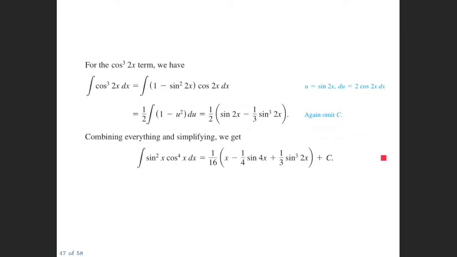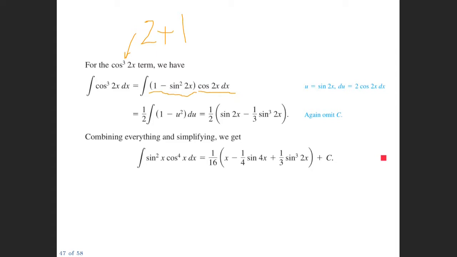For the cos cubed term, we're going to use the same trick that we just did. 3 we're going to think of as 2 plus 1. Cos squared is the same as 1 minus sine squared. And then the extra cos, the plus 1, will disappear when we do the substitution.